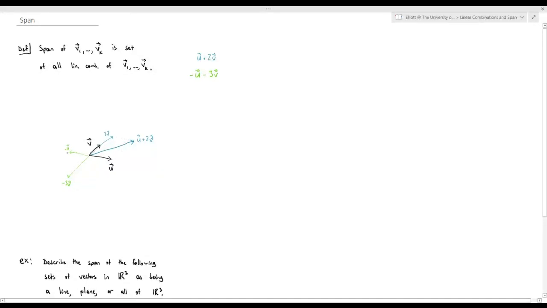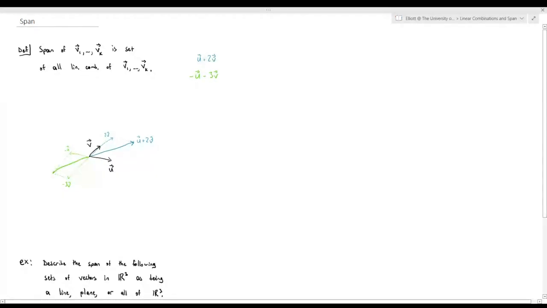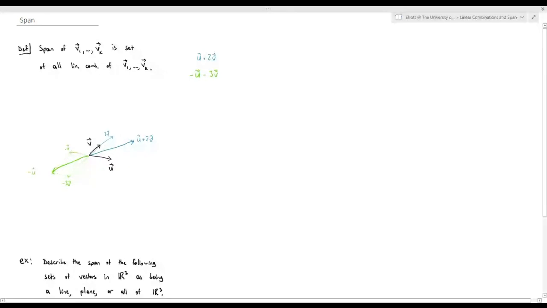And then when I add the vectors minus u plus minus 3v, that linear combination would be the diagonal of this parallelogram. Okay. So this is kind of what minus u minus 3v looks like. Okay.